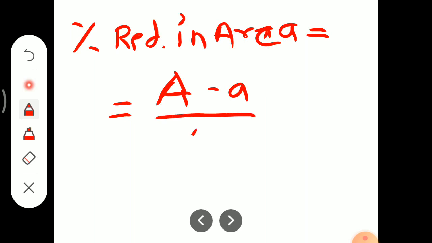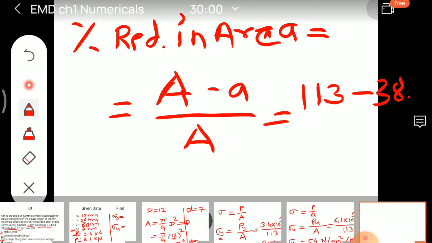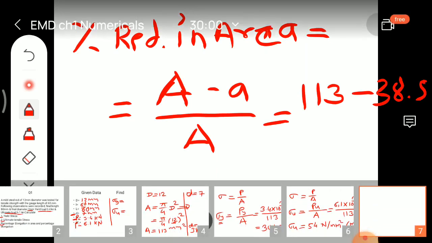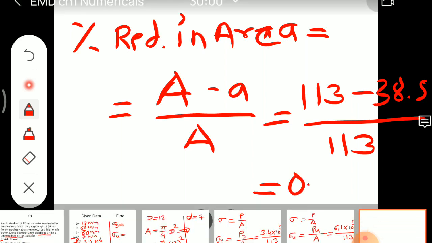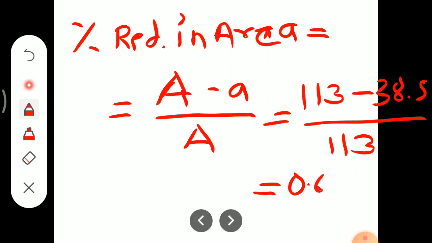So capital A minus small a, divided by capital A: 113 minus 38.5 divided by 113, and the final answer becomes 0.66.